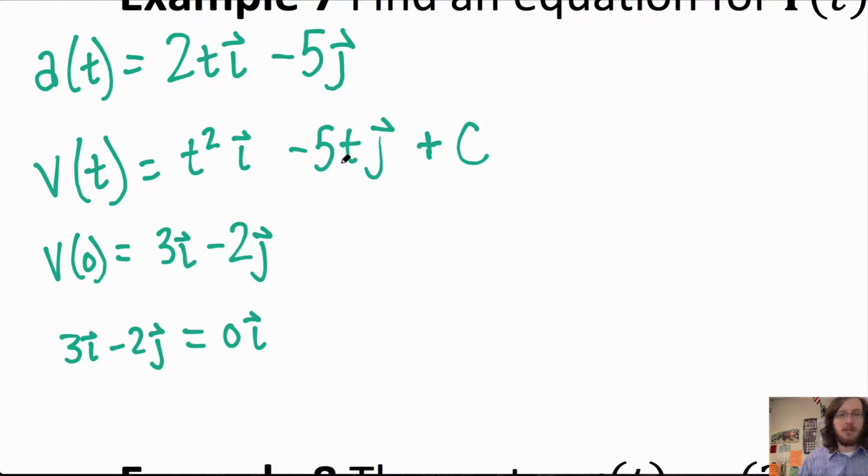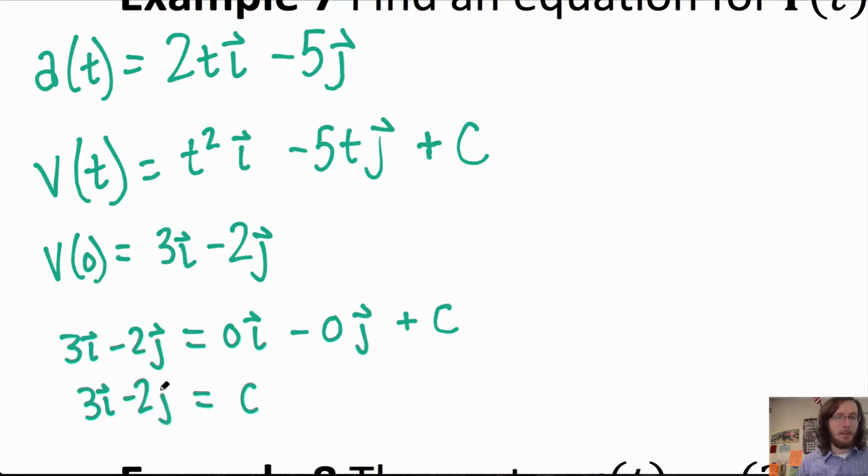Minus 5 times 0, that's just 0 again. Plus c. So we get our c value, this is almost like a y-intercept for our velocity function: 3i minus 2j.